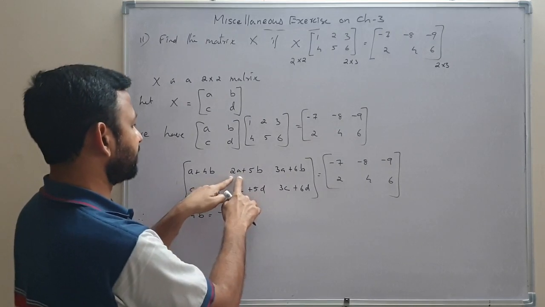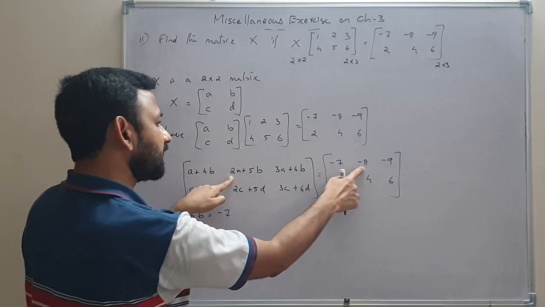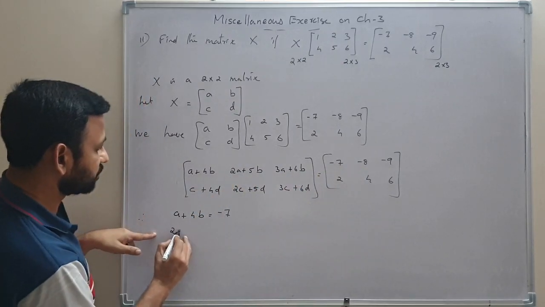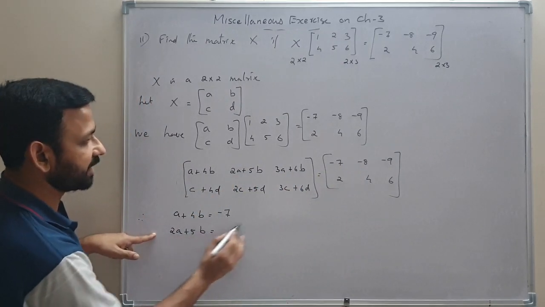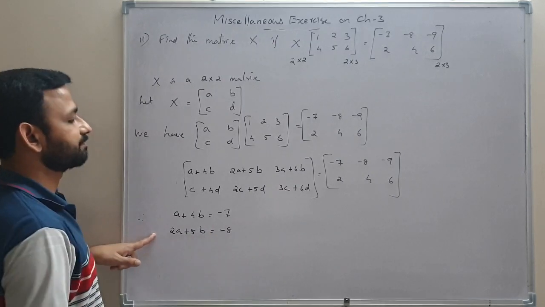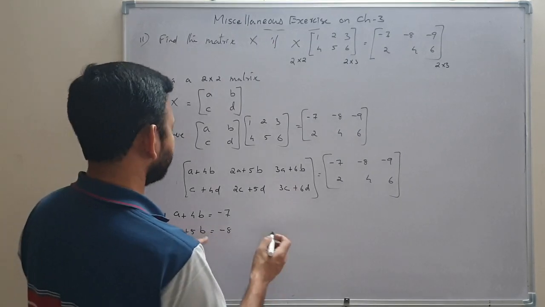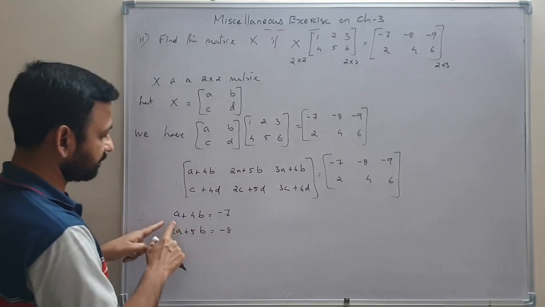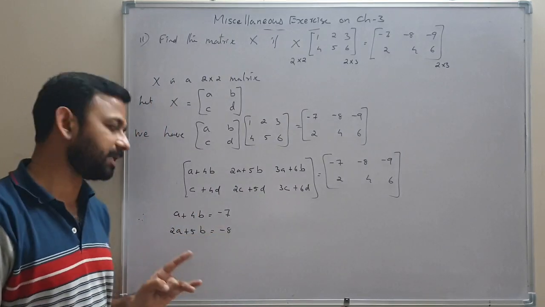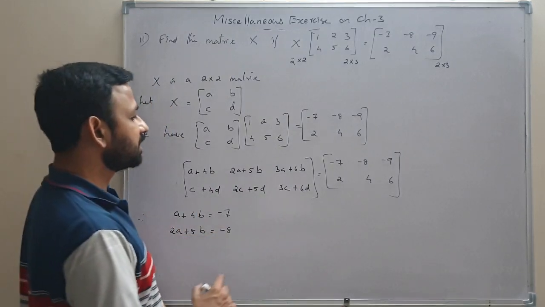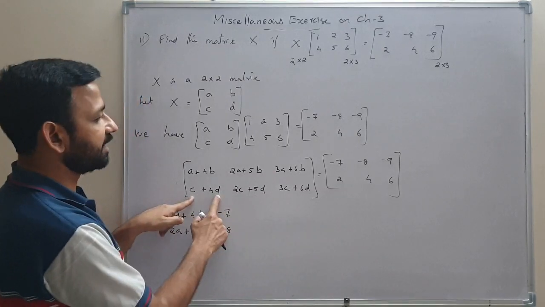Then second element equal to second element, that is 2a plus 5b equal to -8. From here we can find the values of a and b by elimination method. Then for finding c and d, we can equate.